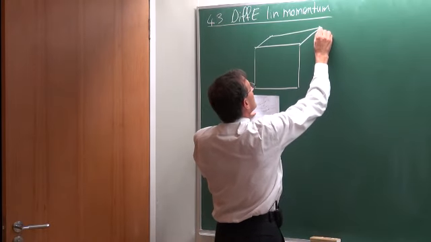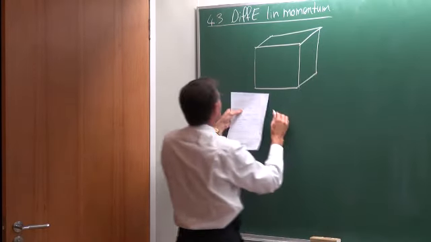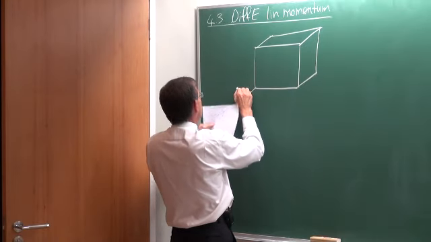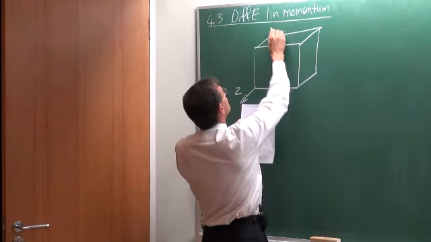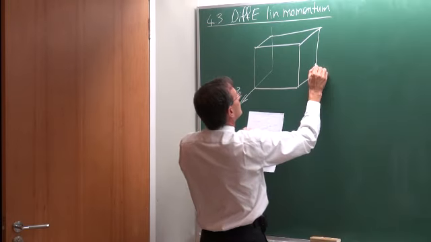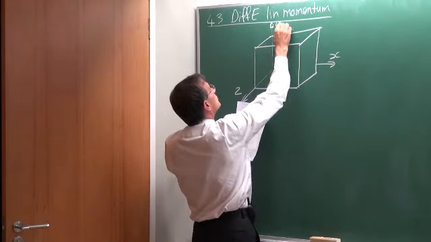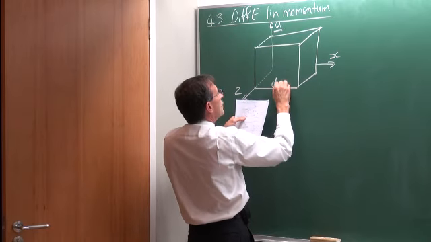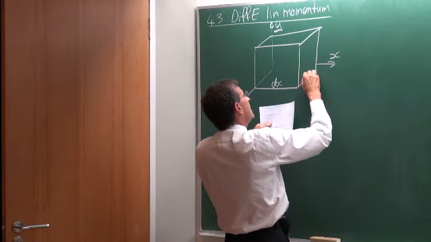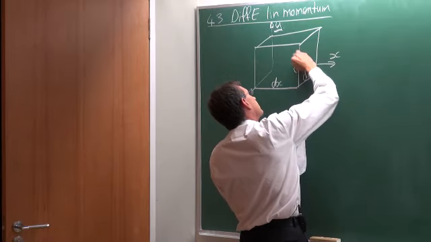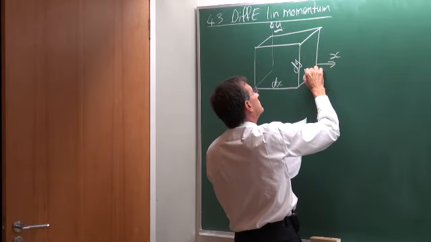So there is our control volume. Our coordinate system is that Z, that is X, and that would be Y, and those distances would be dx, dz, and dy.